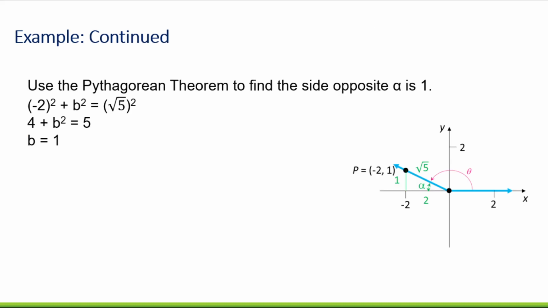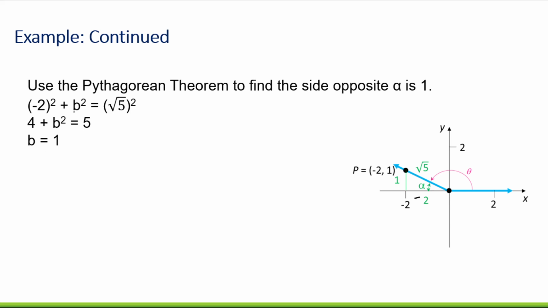And so if you look at the diagram here, we know that x is -2, y is 1, and r is square root 5. But we have to actually find b, the 1, using the Pythagorean theorem because all we knew initially was that x is -2 and r is square root 5.